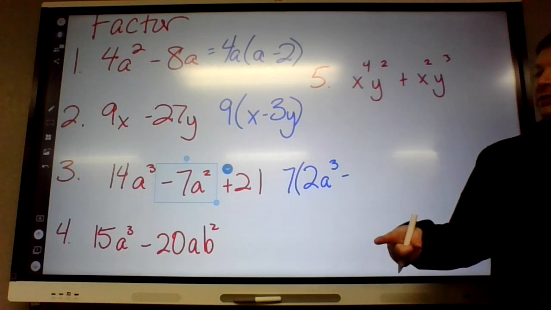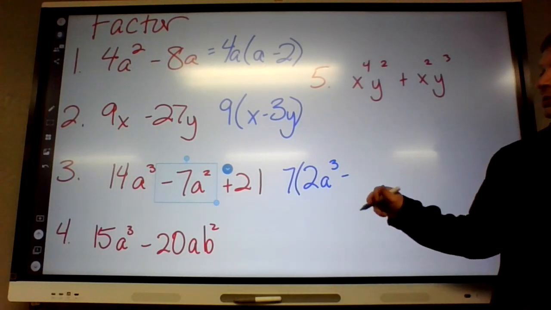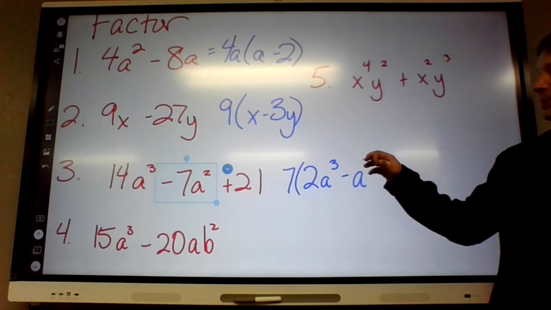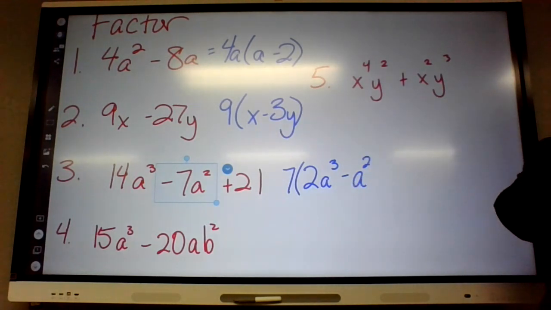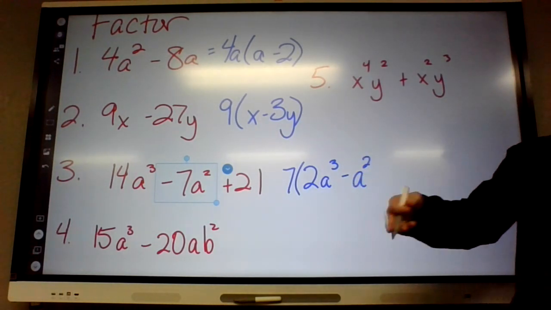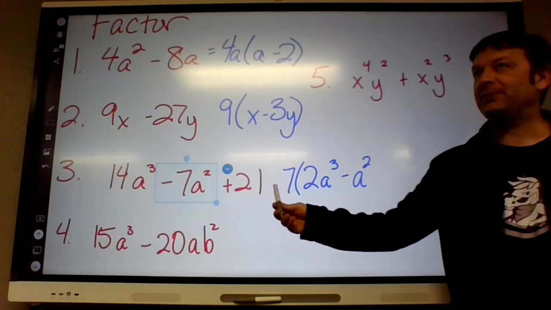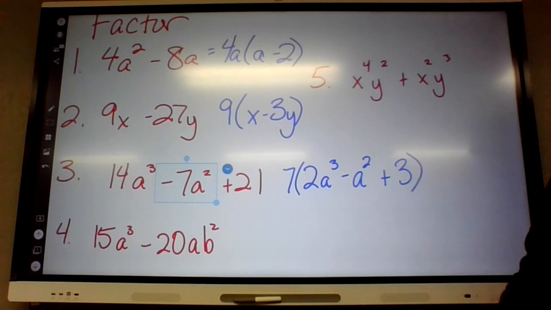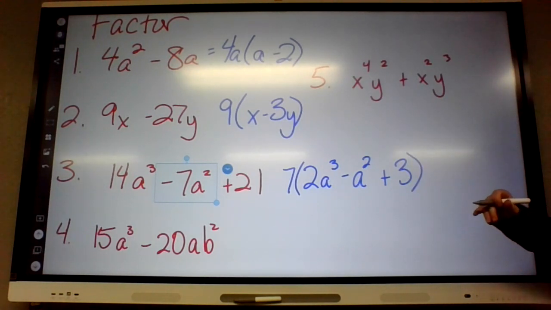Well, 7 divided by 7 is 1, so it'll just be a squared. And then 21 divided by 7 is 3. And that is all. We didn't really do anything with the letters on this one.